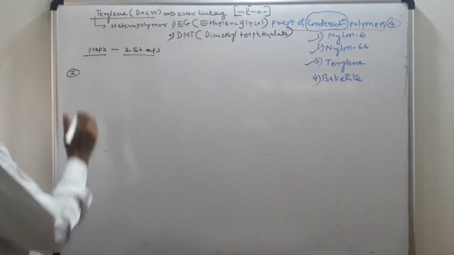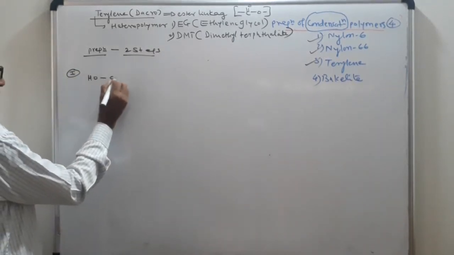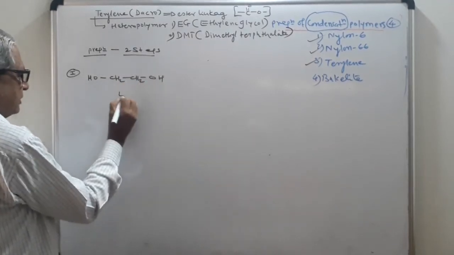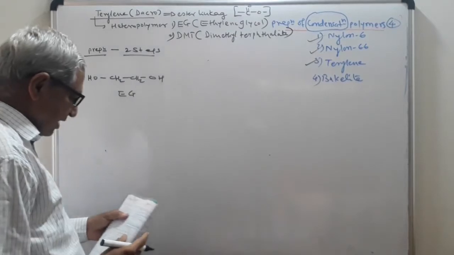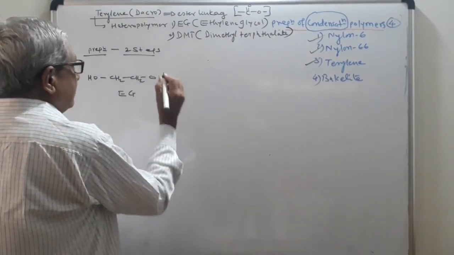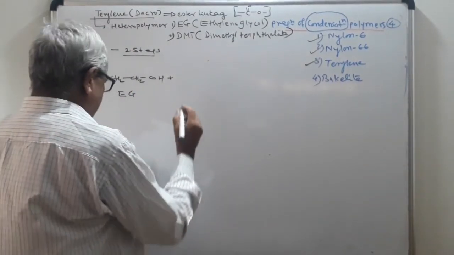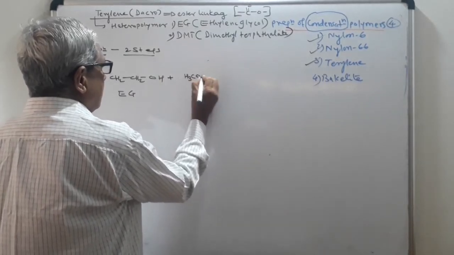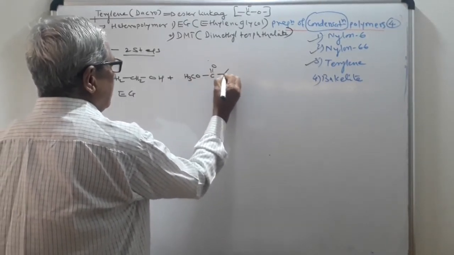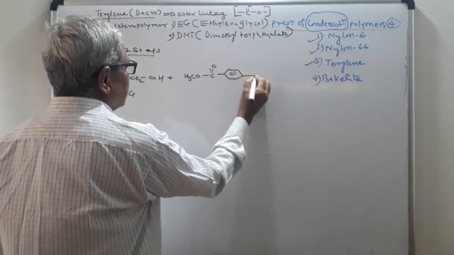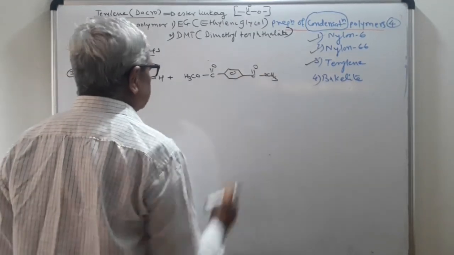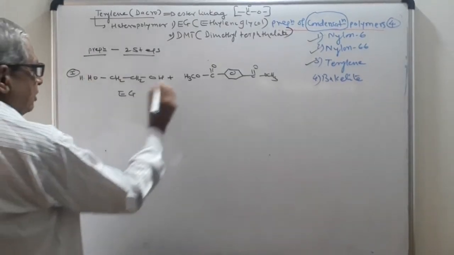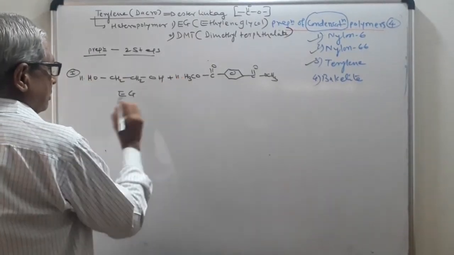Reaction between ethylene glycol. Ethylene glycol has the formula CH2OH, CH2OH. This is the formula for ethylene glycol. It will react with the DMT, dimethyl terephthalate, CH3O, C double bond O, benzene ring, C double bond O, OCH3. This is the dimethyl terephthalate. We will use n molecules of this one and n molecules of this one.